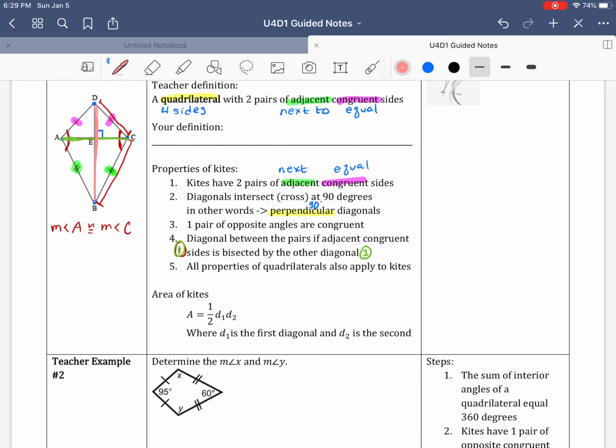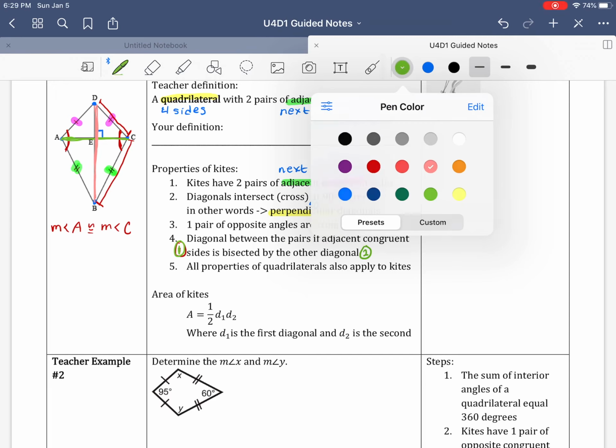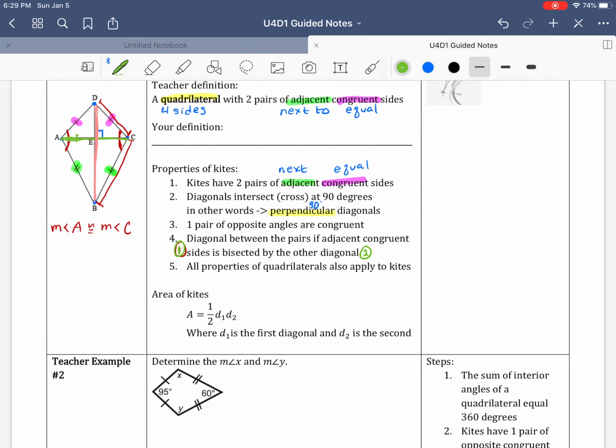What that means is that segment AE is congruent to segment EC. All right.